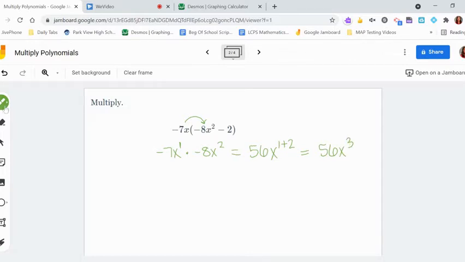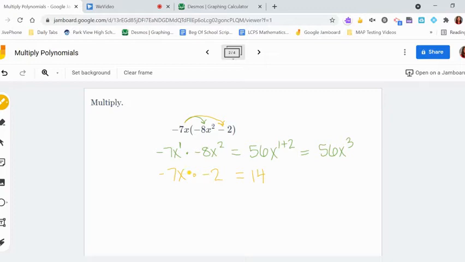All right. We're going to do the same thing with the -2. I'm going to take -7x and multiply it by -2. In this case, we don't have an x with this 2, so I'm just going to multiply -7 times -2. Again, two negatives gives me a +14.